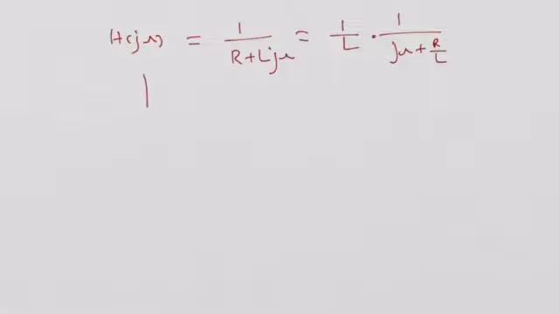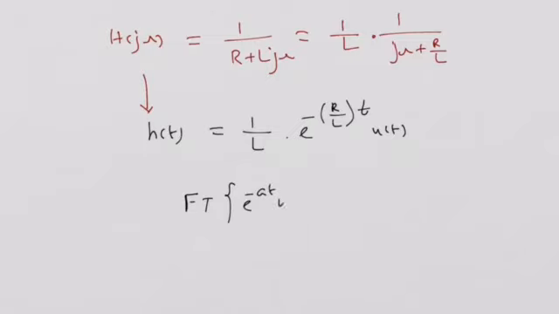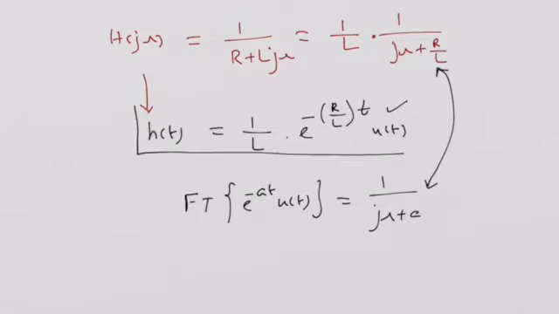So when you take the inverse Fourier transform of H(jω), it gives 1/L e^(-(R/L)t) u(t). Why? Because the Fourier transform of e^(-at) u(t) is 1/(jω + a). Simply compare these two and obtain this expression. So the inverse Fourier transform is useful in obtaining the impulse response of any RL circuit also. This is how you need to work on this.